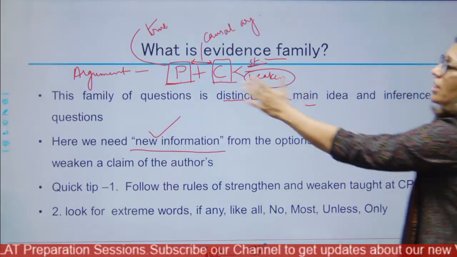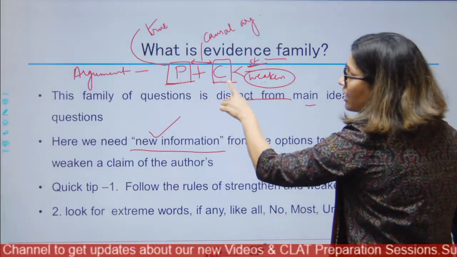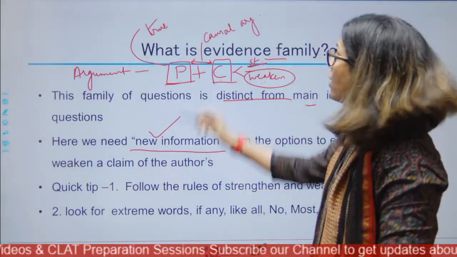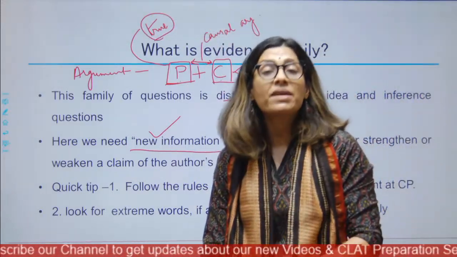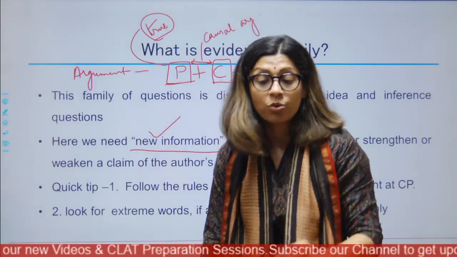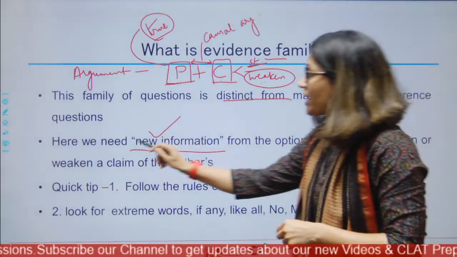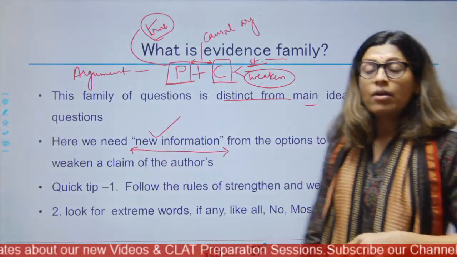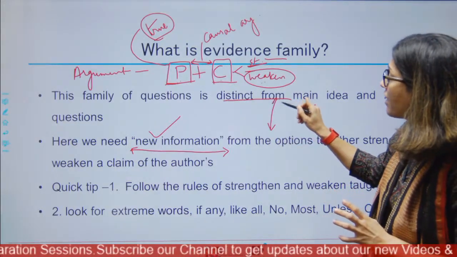This new information either has to strengthen this bond or it has to challenge it. But while you're strengthening or challenging, you have to take the premise to be true. It has to be taken at face value. Right? So, wherever you are learning, please note that these two families of questions are very different from each other.